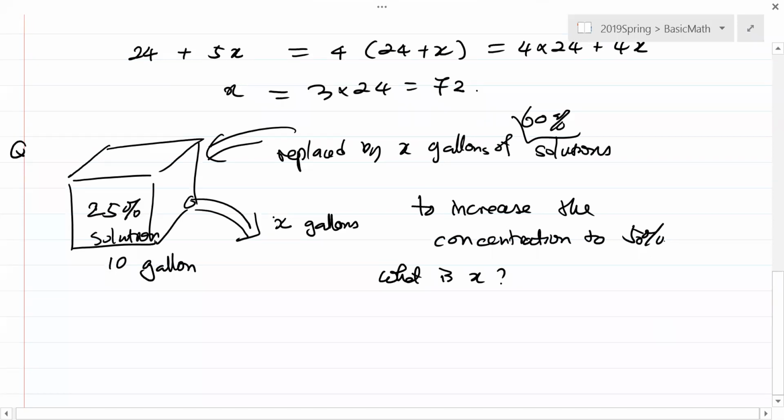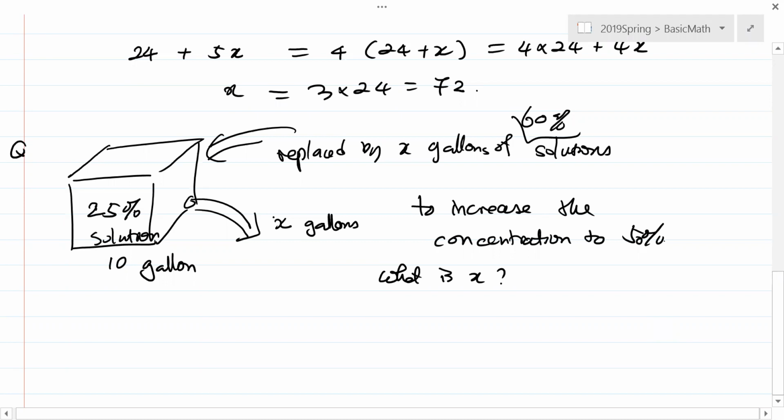I have 10 gallons of solution, that's lower concentration. I want to increase to 50% concentration. What I'm going to do, I have to pull out some.